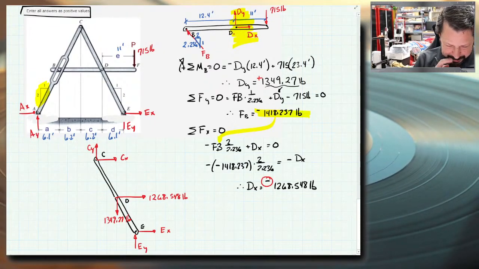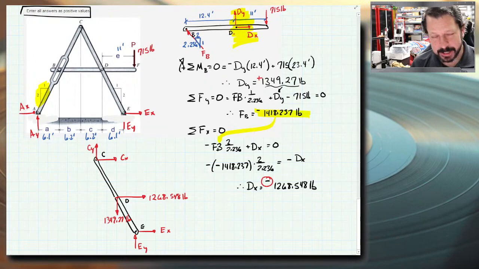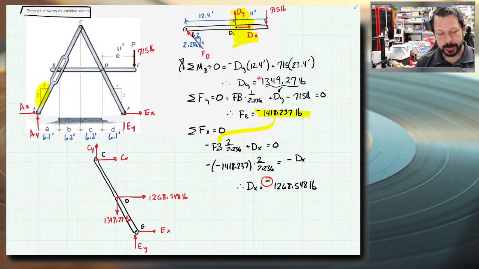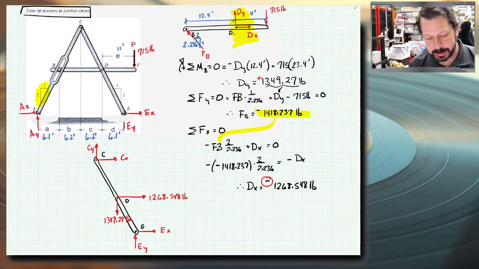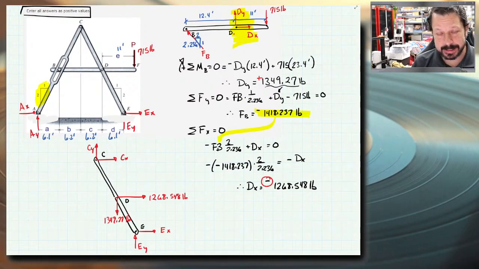So looking at this piece, CDE, it has 4 unknowns, CX, CY, EX, and EY, so I can't solve for all of those. So at this point, I choose, do I draw, remember ABC, create another set of 3 equations and do a 6x6 matrix? Or do I figure out a way to get EY?